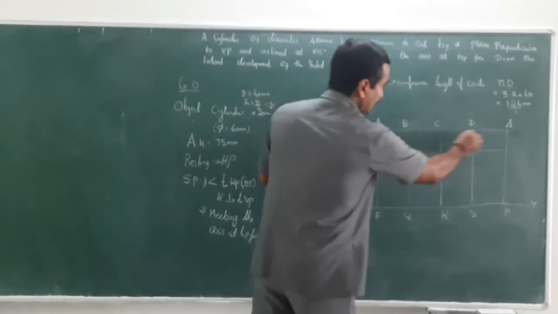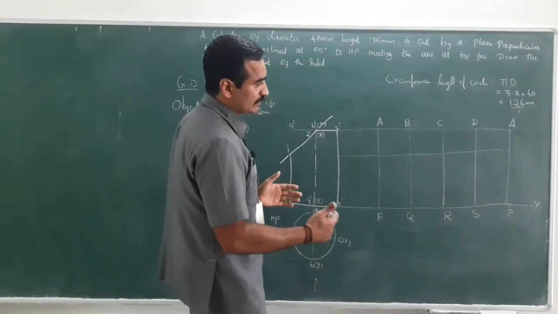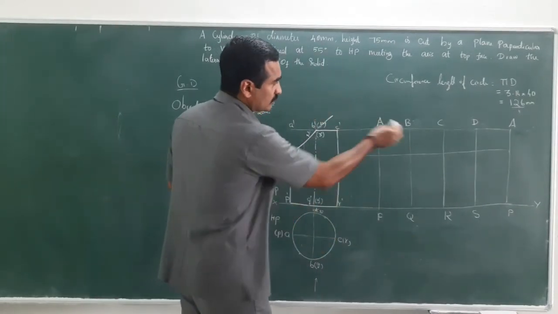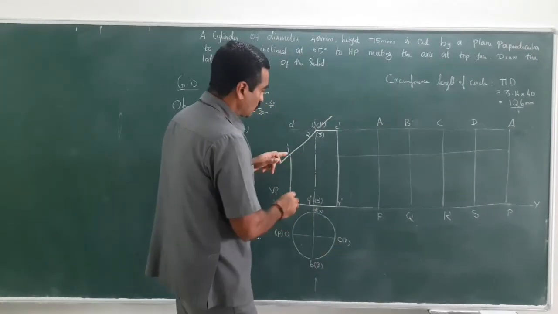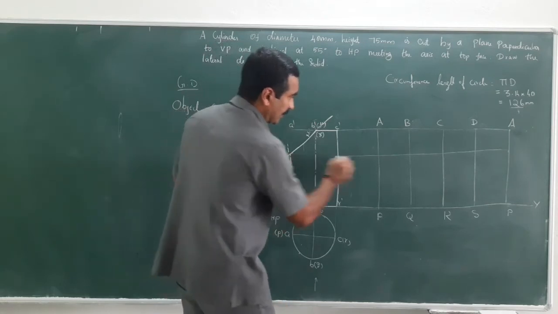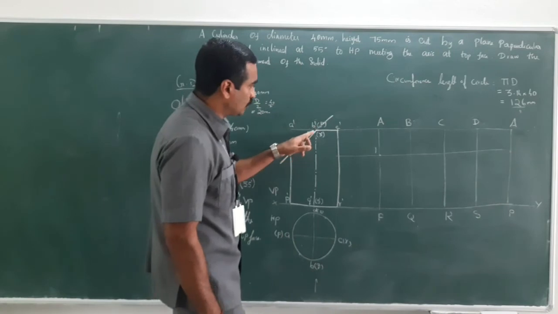So this is the circumference length of the circle, that is a lateral surface for this particular development. Now I need to transfer these points to the development area. That means the intersection point. Look at here, this point 1. 1 is between A and P. So where it is intersecting 1. And look at here 2 and 3.